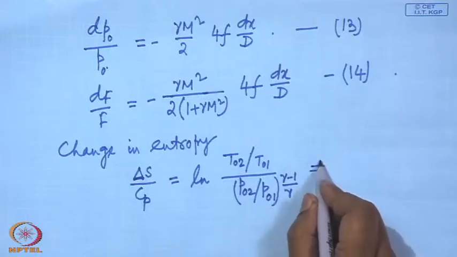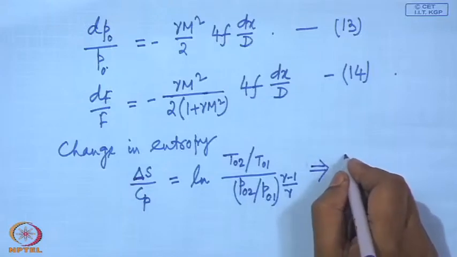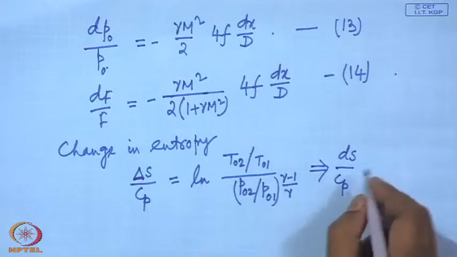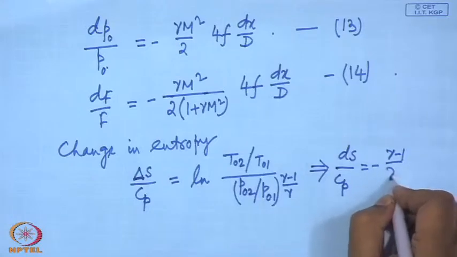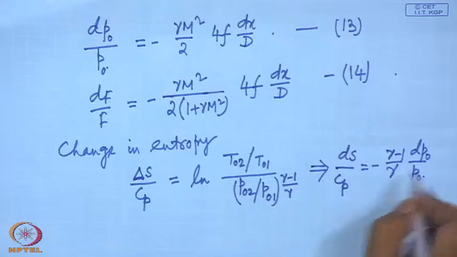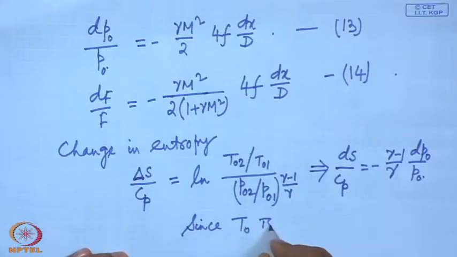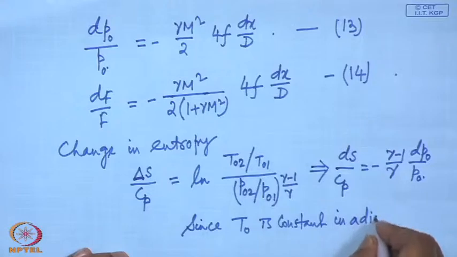we get ds by Cp equal to minus gamma minus 1 by gamma dP0 by P0, since T0 is a constant in adiabatic flow.